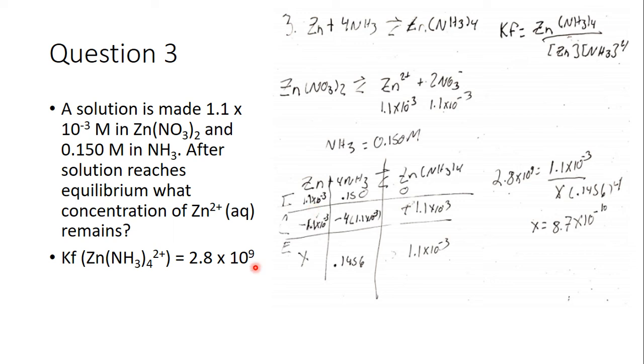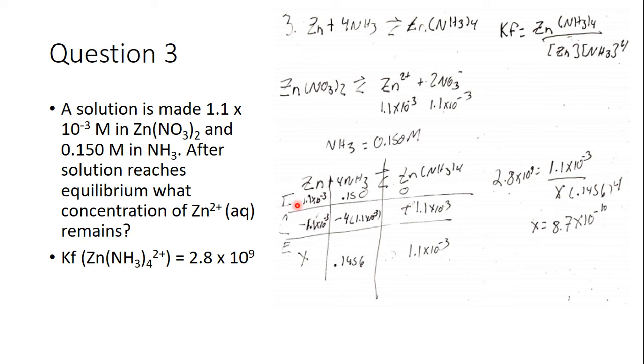So if your K number is very big and one of the reactants is very small, you can assume that 99.9% of this reactant will react, even more, like 99.999%. Not all of it, not 100%. You're still going to have some zinc in solution.